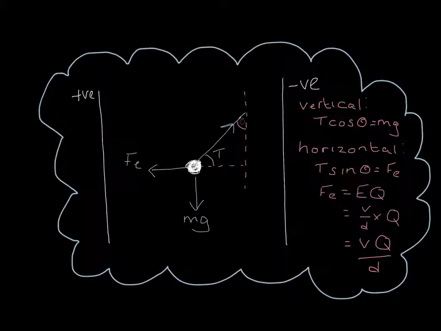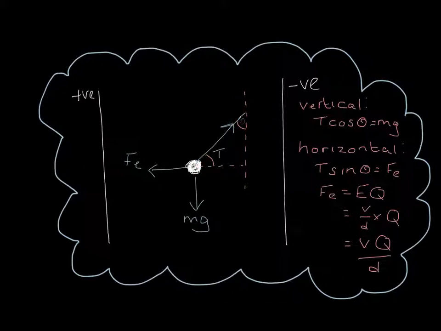An example question might be like this. Essentially, we have a charged negative plate and a charged positive plate. And as a result, our test mass, which has a mass this time of m and a charge of q, is held by a string which has tension at an angle theta.